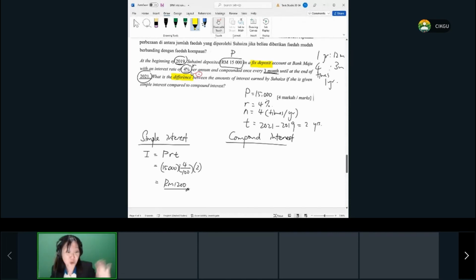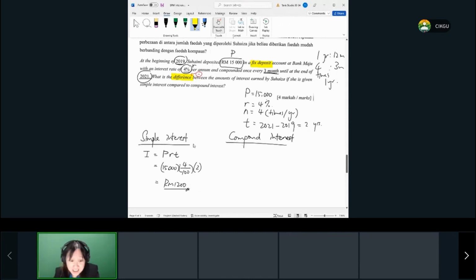Free money, who doesn't want it? So if you have extra money, you can put it into fixed deposit and you will start to earn. This bank is very good, 4% is very high. That means if you lend money to the bank, when the bank pays you back, it will give you an extra 4%. So Suhaida will earn 1,200 in 2 years by doing nothing.